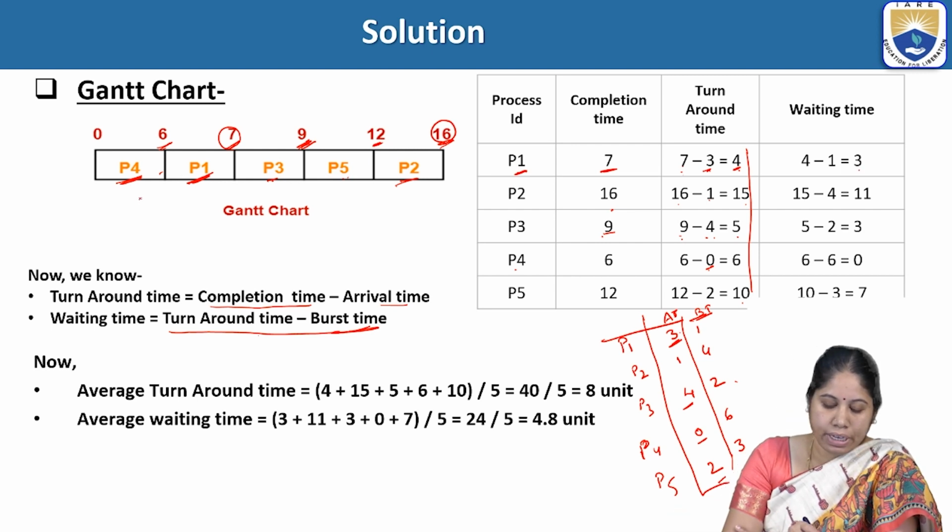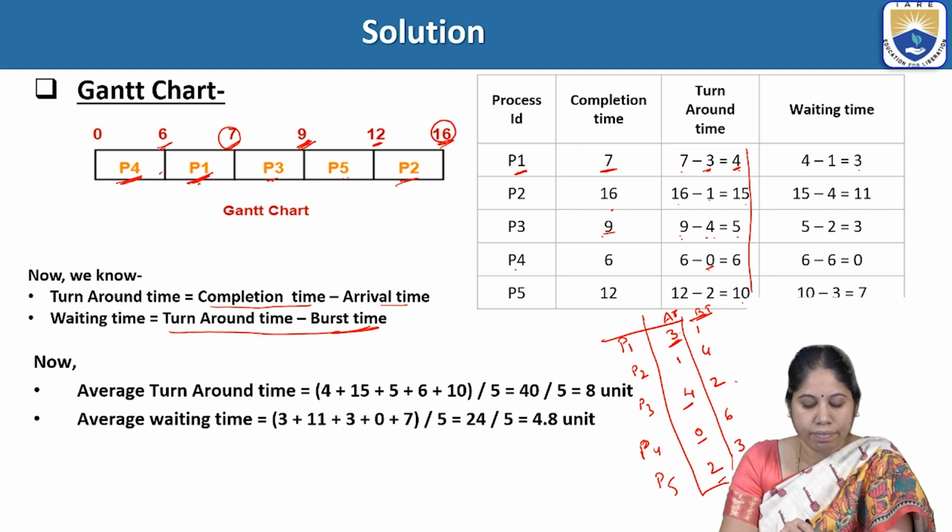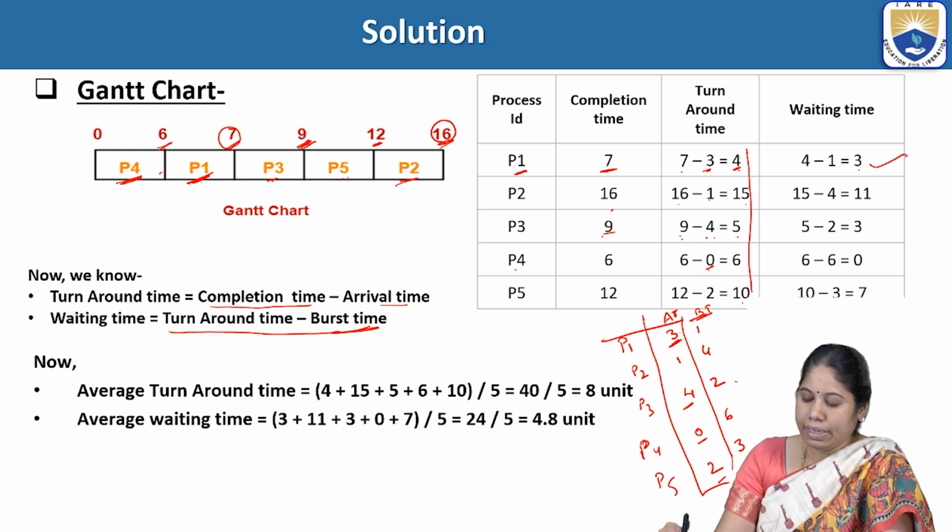So for P1, if you observe, it actually waited 3 milliseconds. 4 minus 1 equals 3.